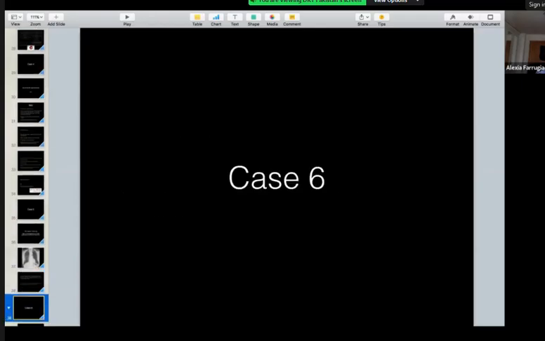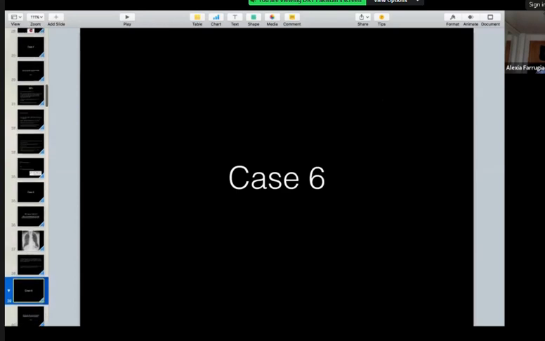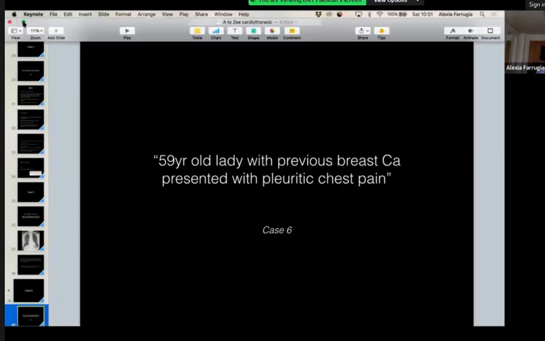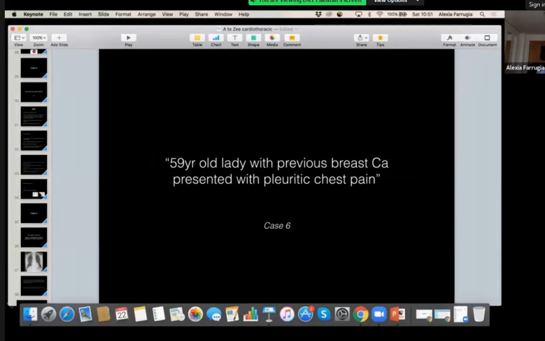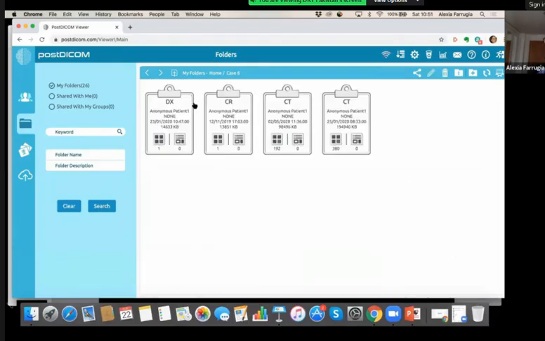Okay. So the next case. I'll just bring up my diagrams for this patient. Okay.